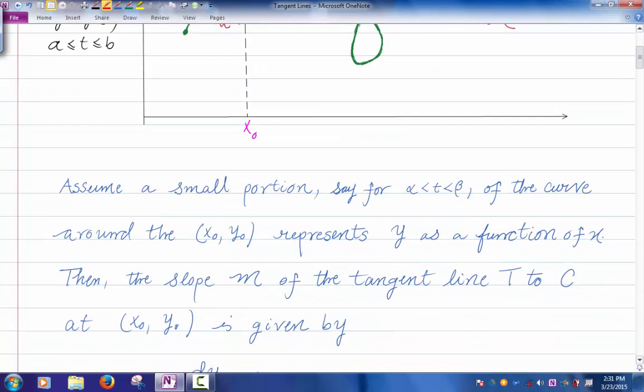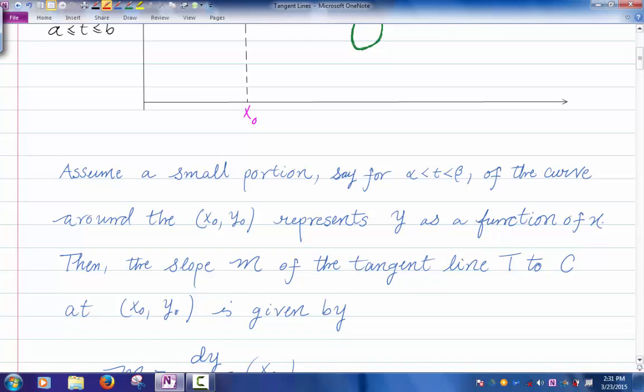I am assuming that a small portion, say for t between alpha and beta, whatever portion I get, where of course I'm assuming t0 is in this interval, right? So there is a small portion around that point x0, y0 that represents y as a function of x. If that's the case, then the slope will be given by the derivative of y with respect to x evaluated at x0. Okay, that's all I'm saying here.